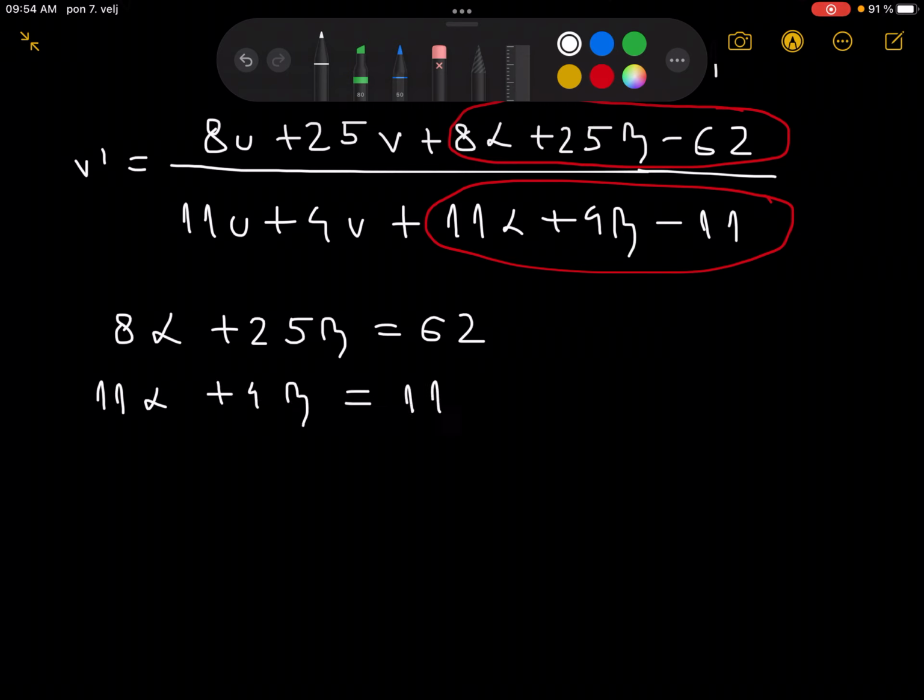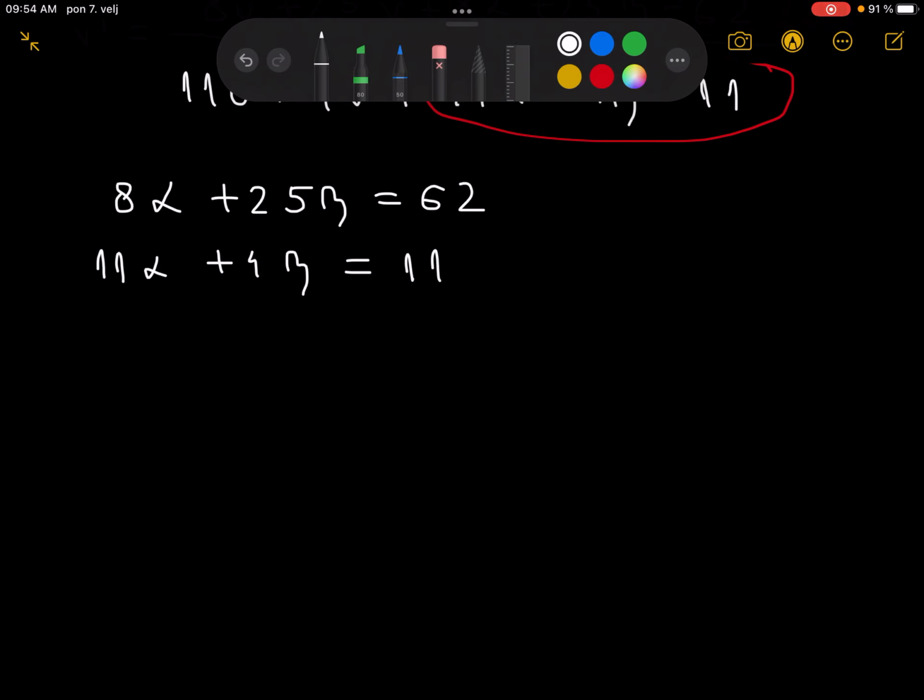Okay, so from here it follows that alpha is equal to (62 minus 25 beta) over 8. And let's just go ahead and plug that into our second equation.